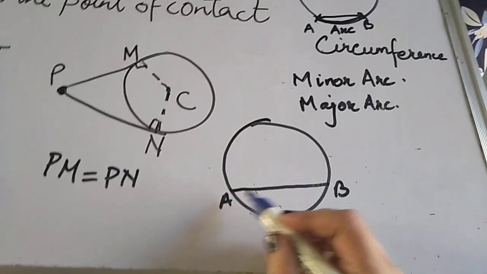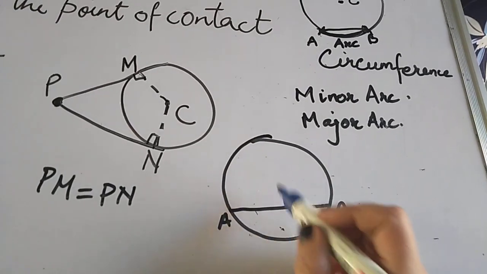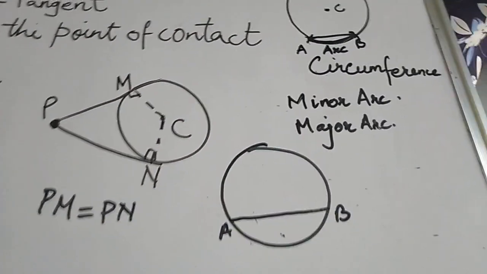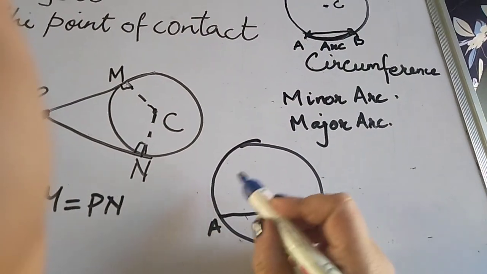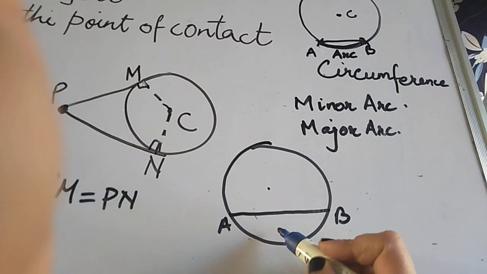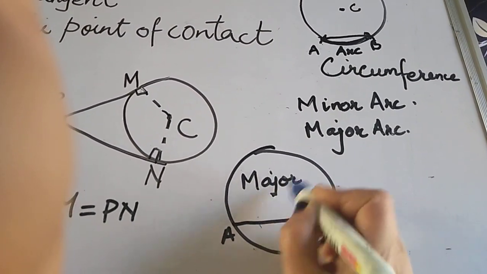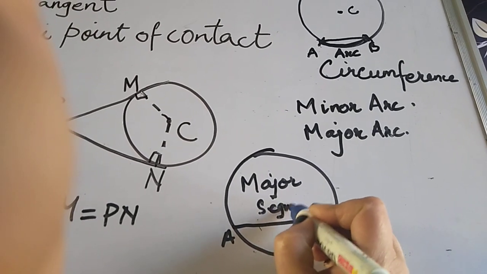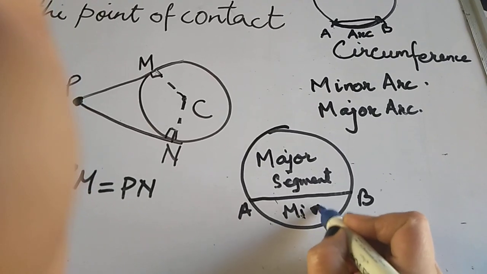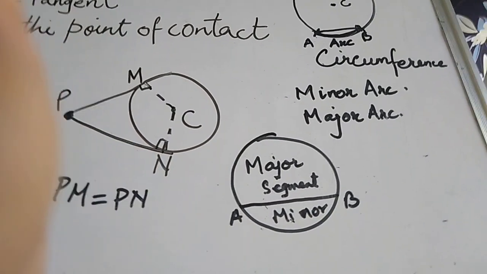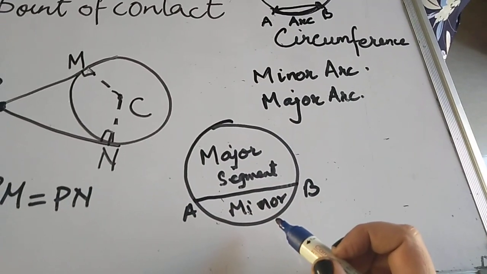The chord divides the area into two parts, and they are called segments. One is the bigger segment and the other is the smaller segment. So this part is called the major segment, and this part is the minor segment.